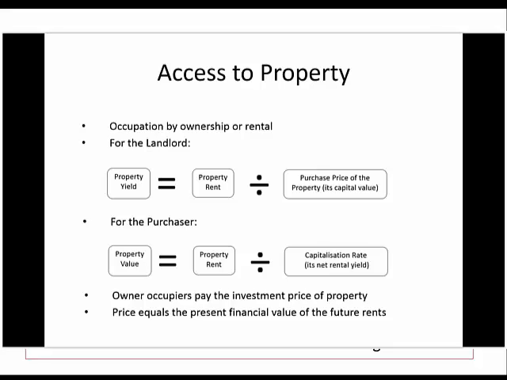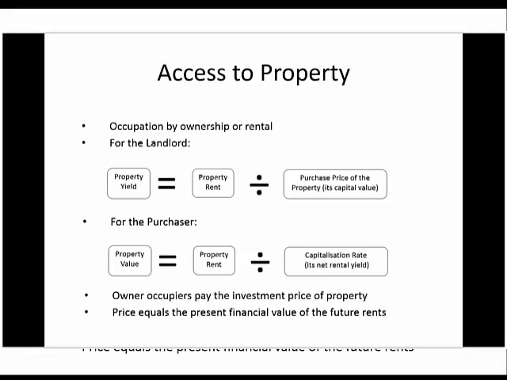Later on and in other courses we're going to explore the implications of this, but suffice to say, the important thing here is that there is a connection between the cost of rent and the cost of buying, and it tends over the longer term at least to be relatively stable.